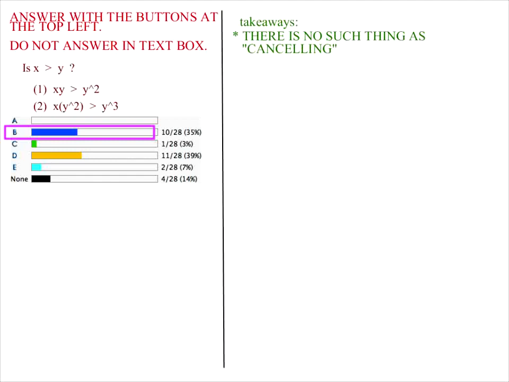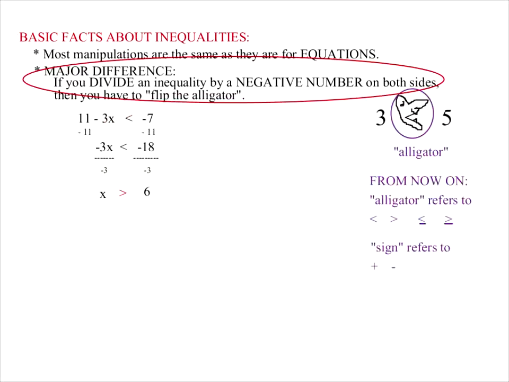Every instance of canceling is either addition, subtraction, multiplication, or division. You've got to figure out which one, which is especially important with inequalities, because remember we have this rule about the alligator. If canceling is multiplication or division, then it's going to affect your fortunes here, whether you're dividing or multiplying by something that's negative.